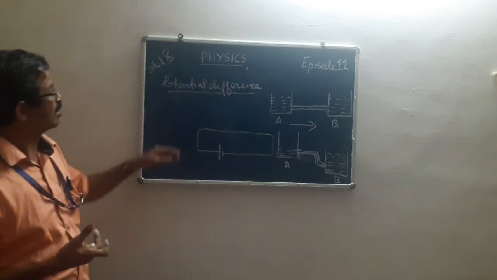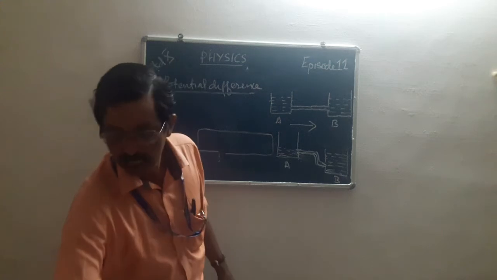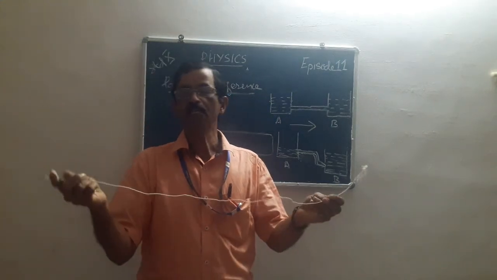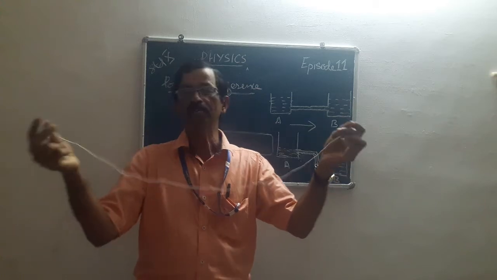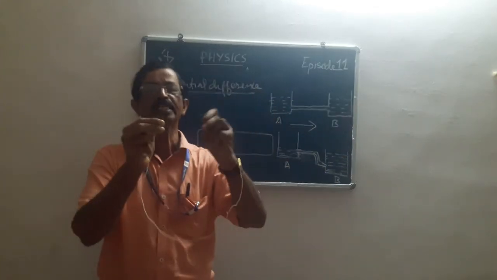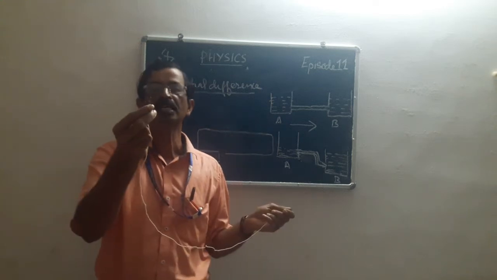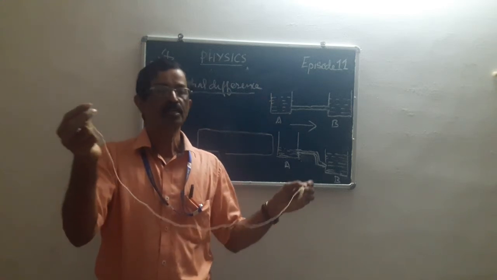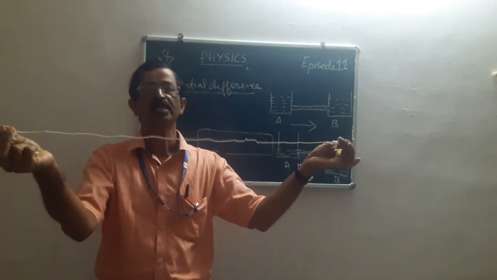In the same way, in a metallic wire, as I showed, there is no electric pressure difference. That means when we consider these two ends, whatever the electric pressure is here, here also it is the same electric pressure. So there is no electric pressure difference in this condition.